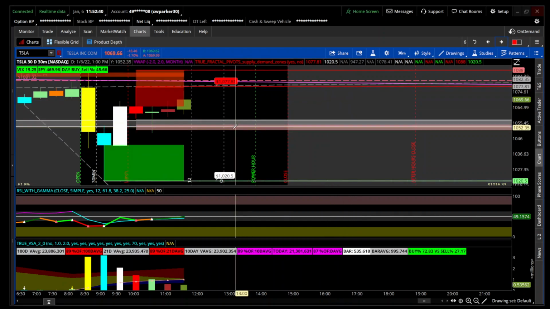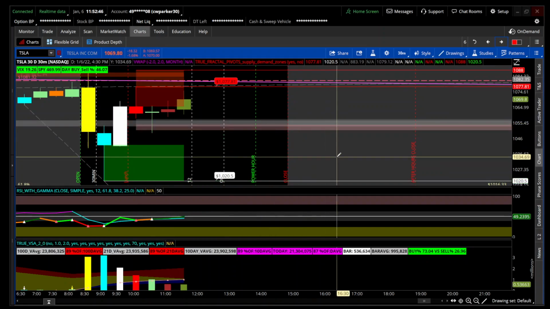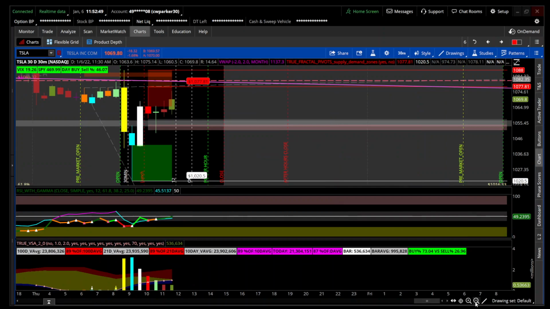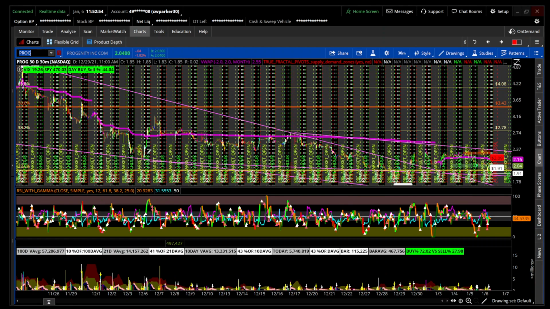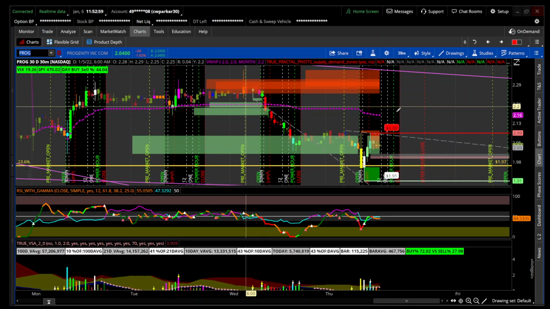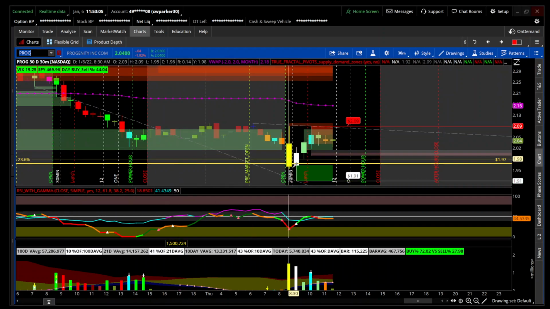And like I said, this is that 50% area, and it's above 50% of the range of the supply and demand zone. So let's go to, what's another popular stock? A lot of people are talking about PROG. Same situation. You had this huge supply area right here, which it rolled through, then it broke it.